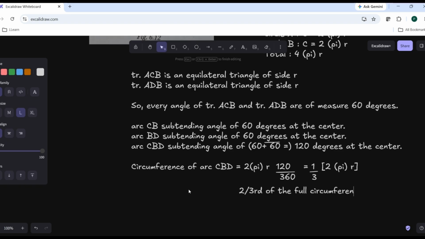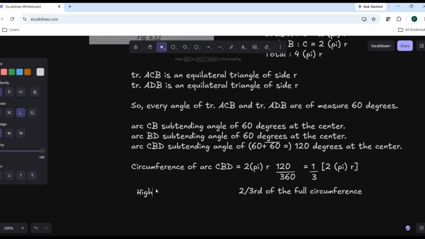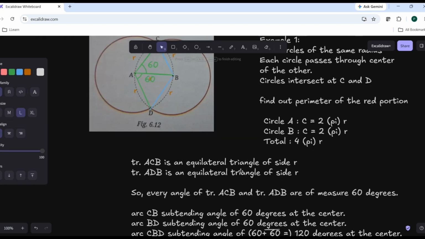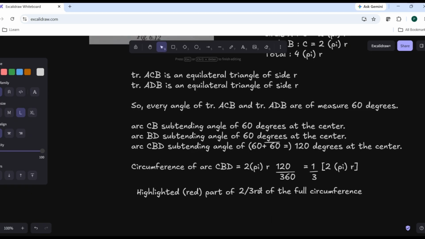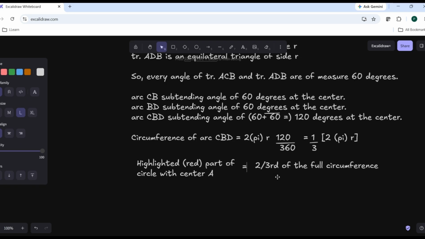So this highlighted red part of the circle with center A is equal to 2/3 of the full circumference.